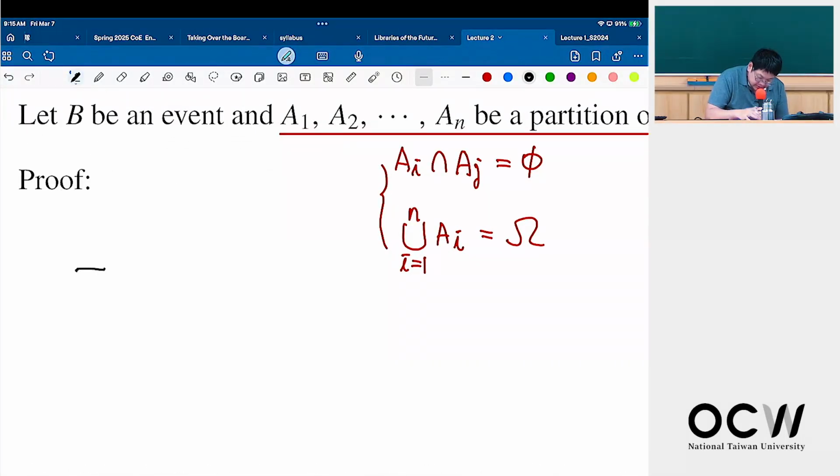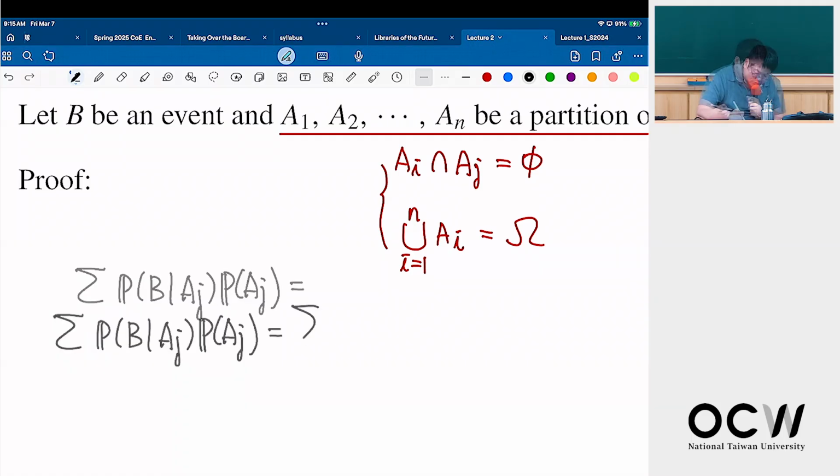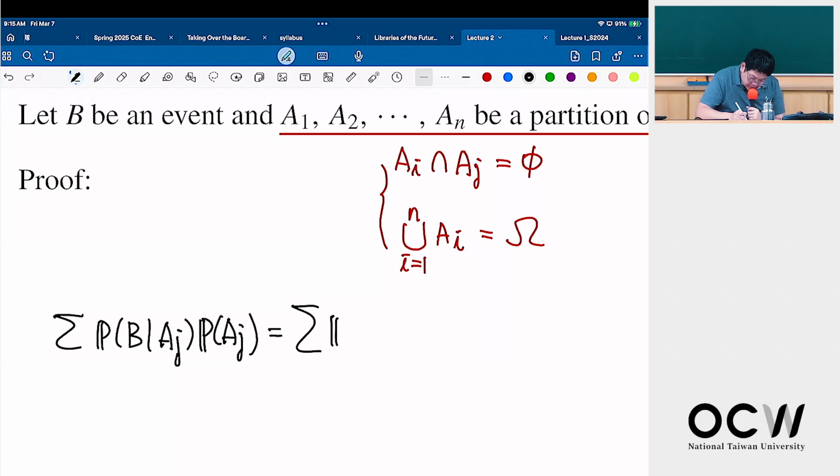The summation of the probability of B given AJ times the probability of AJ. You may think about this conditional probability as the probability of B intersect AJ, and J is from 1 to N.